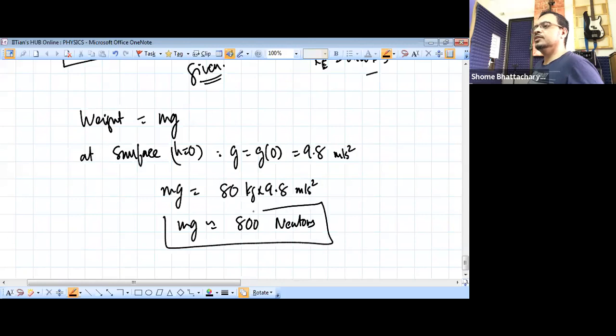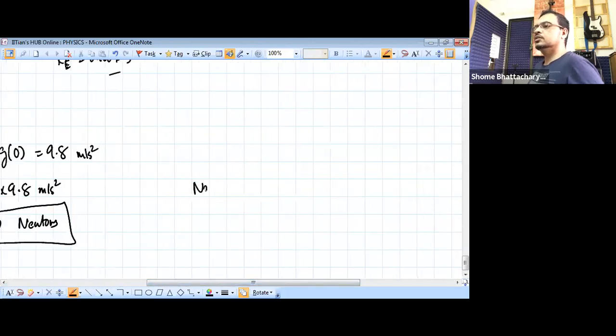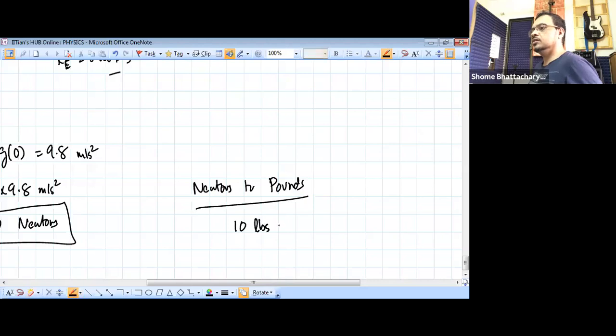Now the other thing is not very important for us, but you should know that you can convert newtons to pounds. 10 pounds is equivalent to 4.5 kgs.